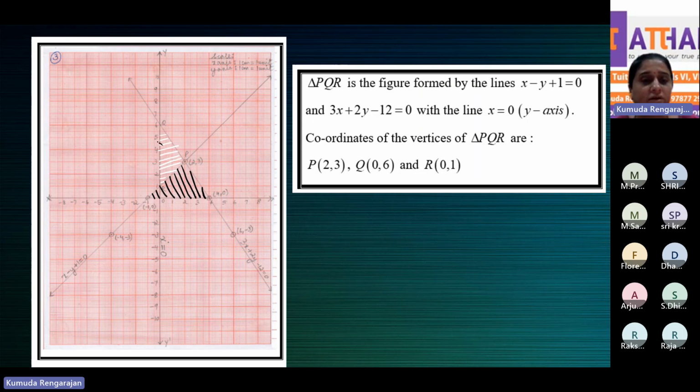Can you see that? Your graph line is passing somewhere like this. Yes, ma'am. But it should pass through 6. Yeah, but your line is going above 4. So you need to repeat the graph.